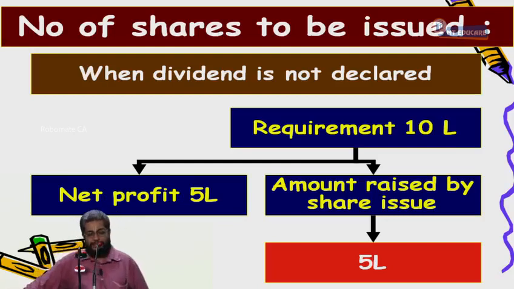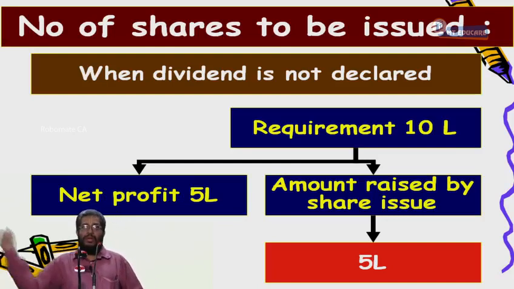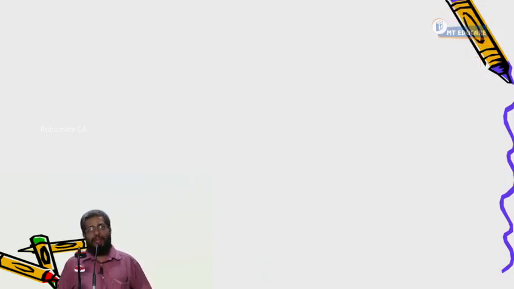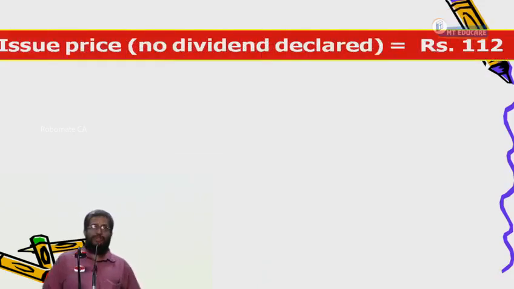Branch it into 2. Net profit 5 lakhs. Amount raised by share issue 5 lakhs. I hope you are following now. Continue. Issue price, bracket, no dividend declared, 112.